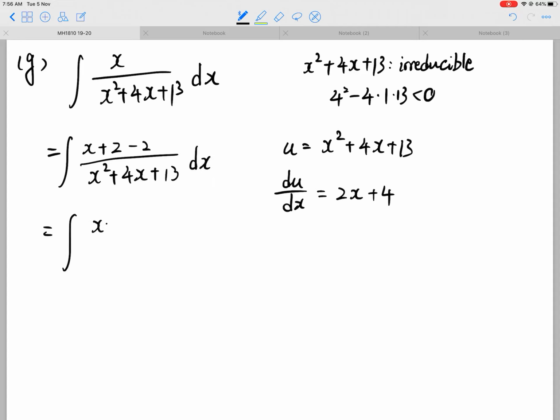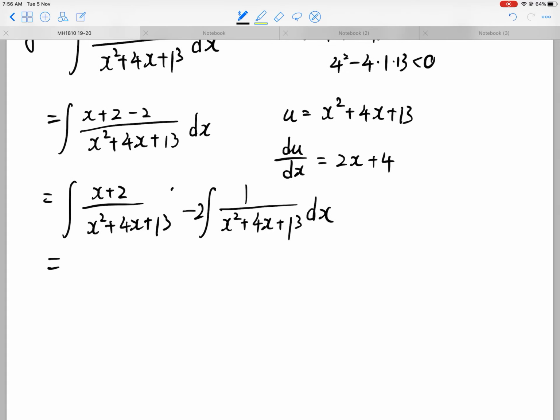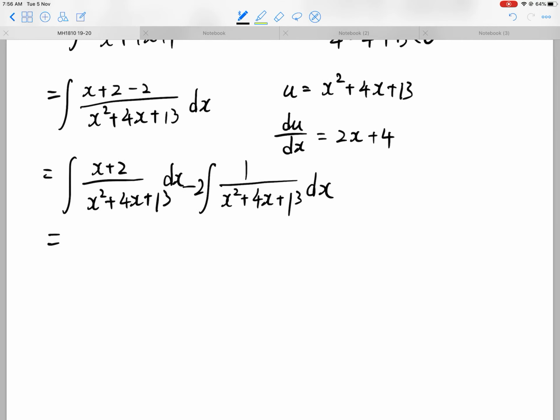So for the first part of this integration, let me just put the 2 outside. I can use the substitution method, right?